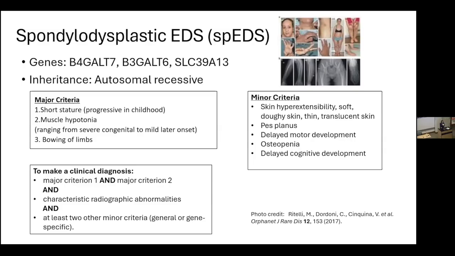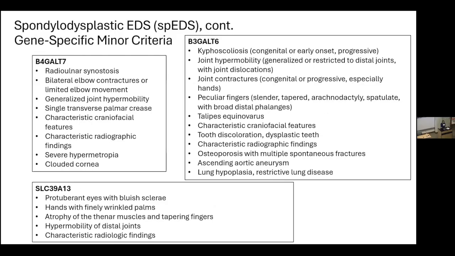Now, with the spondylodysplastic type, there are some gene-specific minor criteria. So the general minor criteria are listed on this slide, and then the next slide shows you the gene-specific minor criteria. And the important ones to remember are that the B4GALT7 has some ocular involvement.